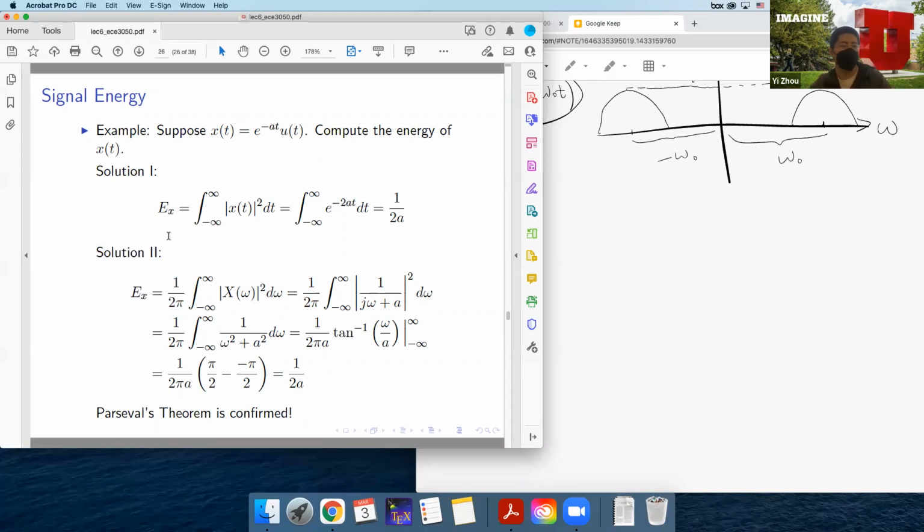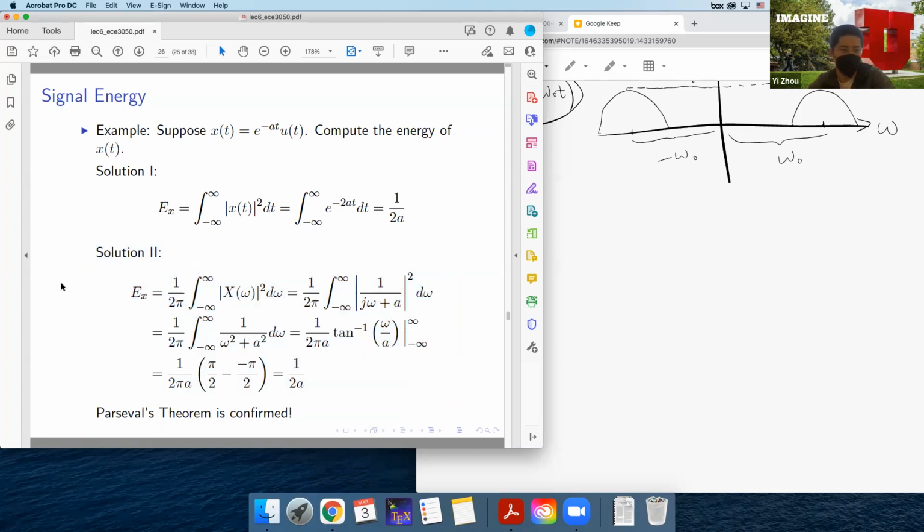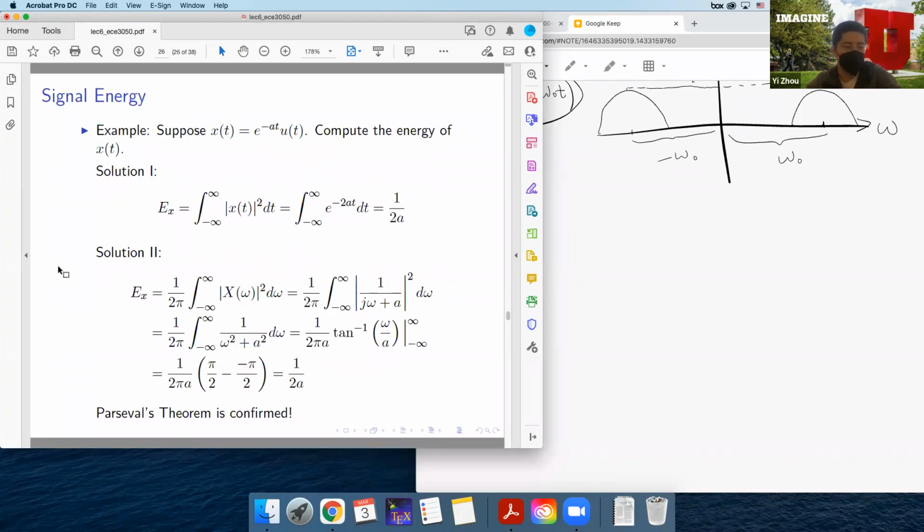This is just to verify the Parseval theorem. And in homework 5, we have one example to show that sometimes it is easier to leverage the frequency part of the Parseval theorem to calculate the infinite series, summation series. So this is the application of Parseval theorem.